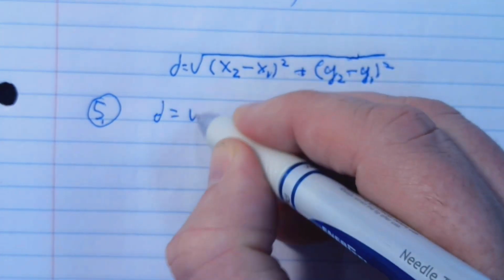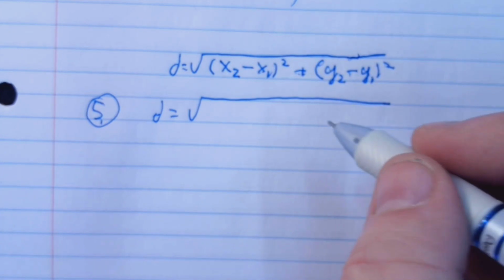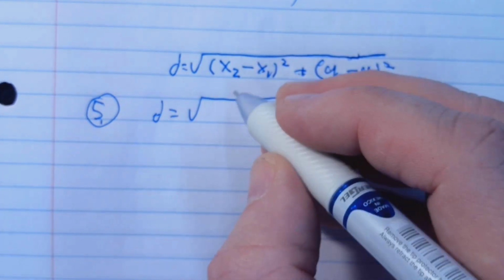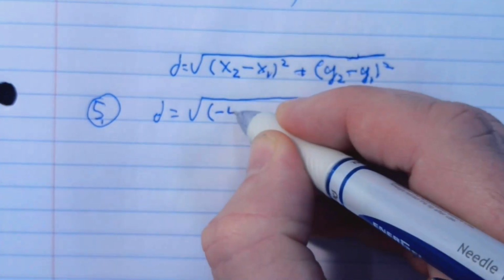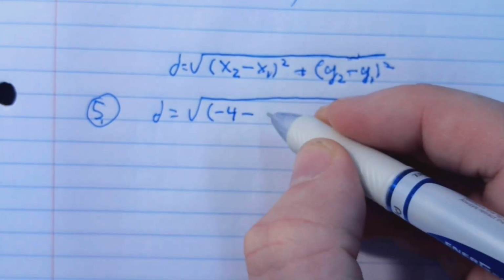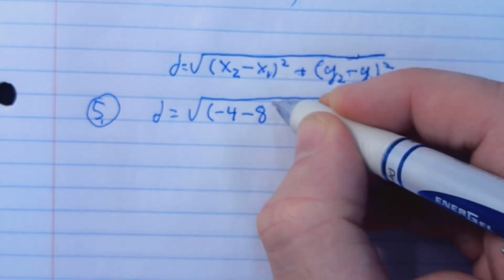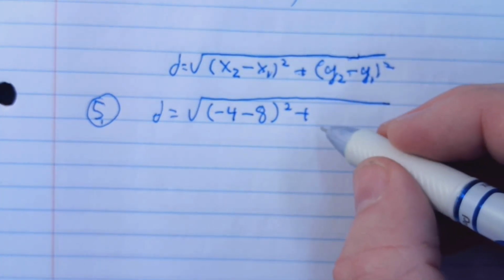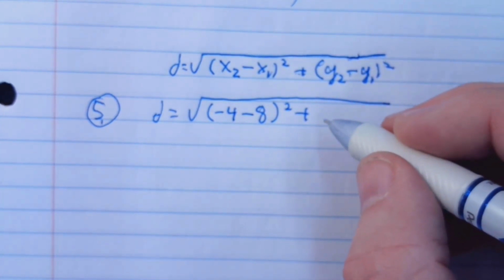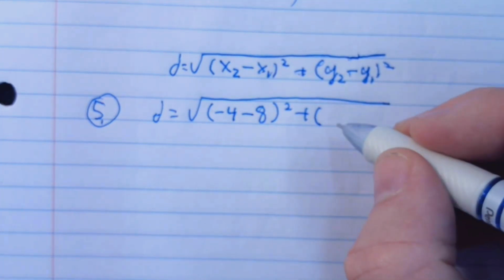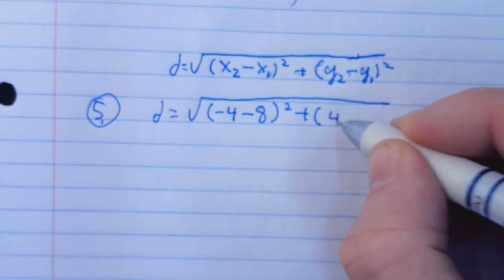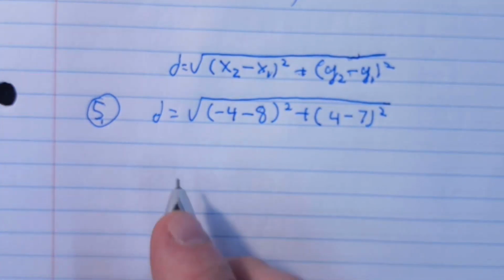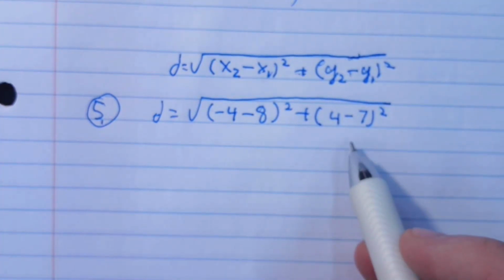So distance equals the square root of, looks to me like on number 5, the second x is -4, and the first x is 8, and the y's would be 4 minus 7.